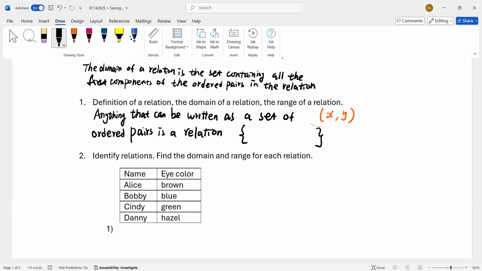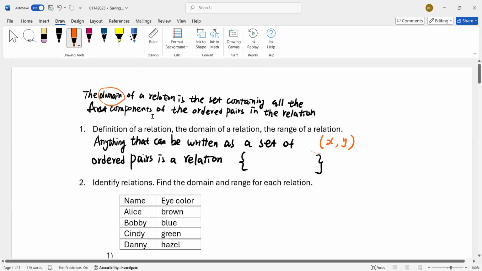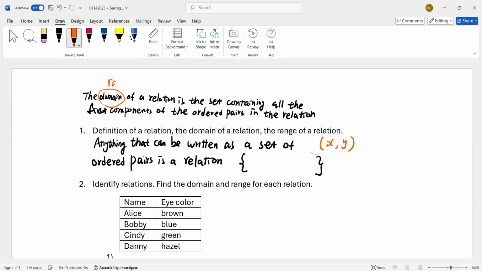And then the range is defined as the set containing all the second components of the ordered pairs in a relation. So I'm going to just change this to range, and change it here to the second. Okay, please have the definition written on your note.